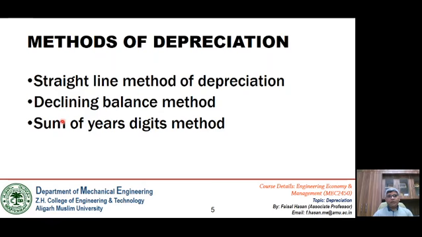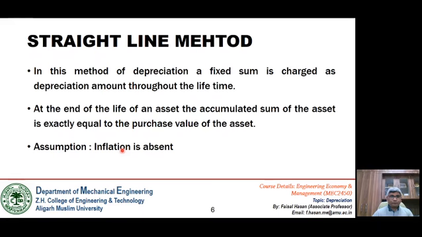In the declining balance method and sum of years digit method, the depreciation amount is higher in the initial stages, and gradually, as the asset comes closer to its economic life or depreciable life, the depreciation decreases. So let's see each of these methods one by one.